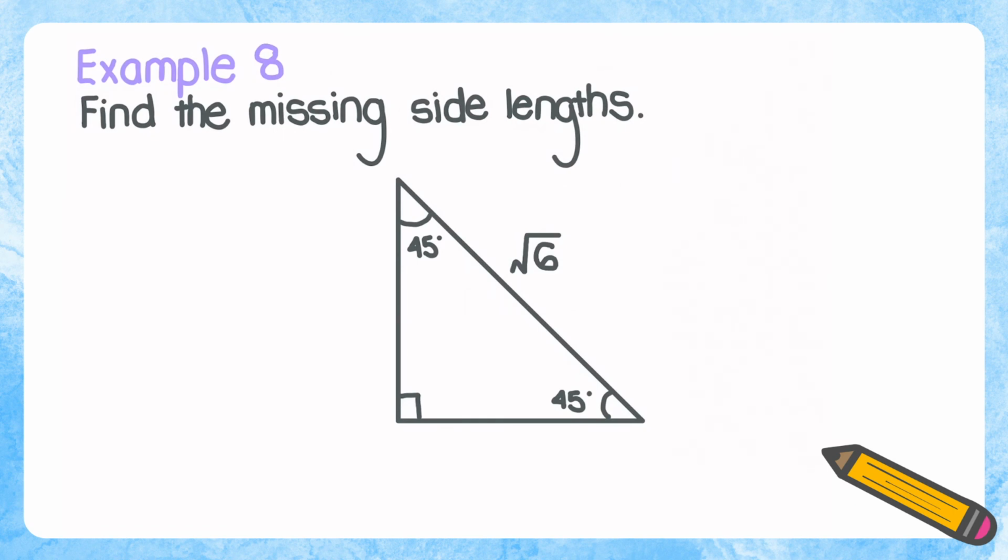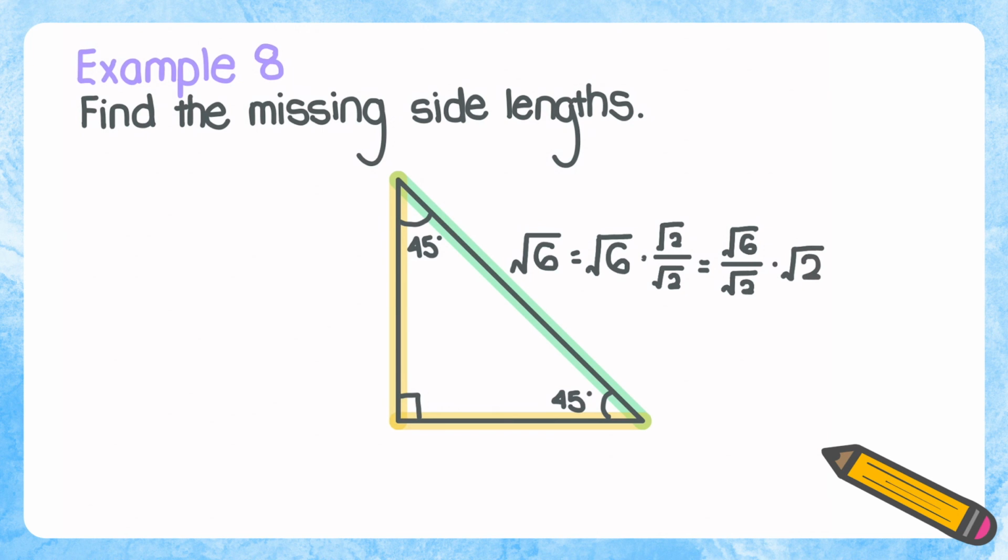Okay, let's look at our final example for today. We're going to find the missing side lengths. Here I'm given the hypotenuse, which is radical 6, and I have to find the lengths of the legs. So I look at radical 6, and I notice I have to rewrite this because I want that radical 2. So same steps as earlier, and just kind of moving things around, I get radical 6 over radical 2 times that extra radical 2.